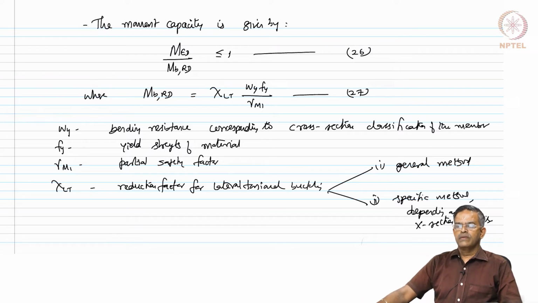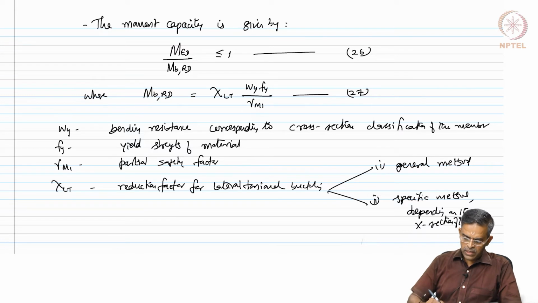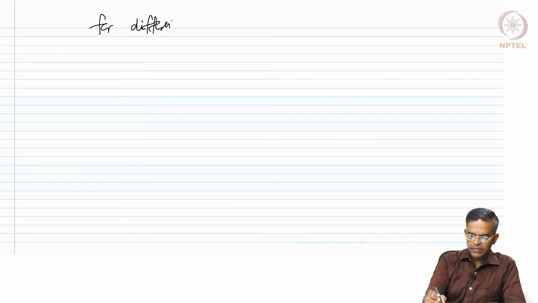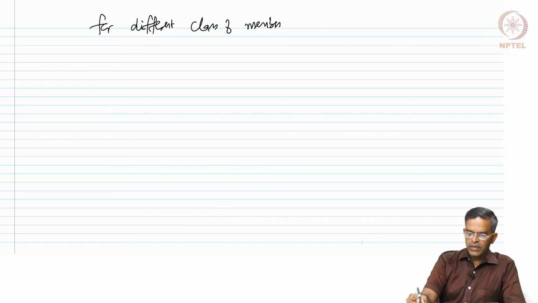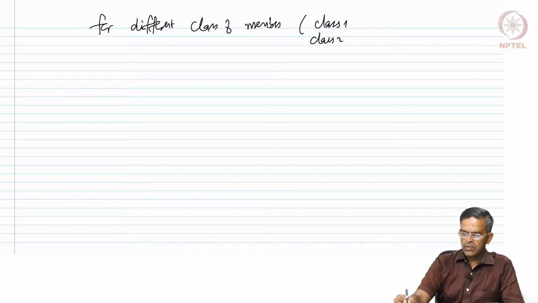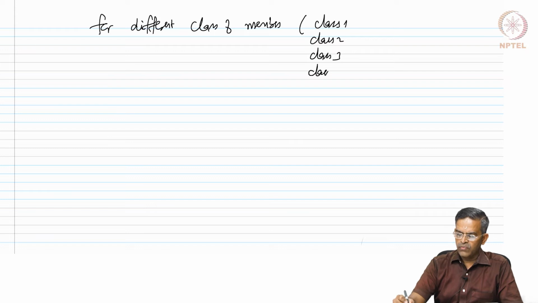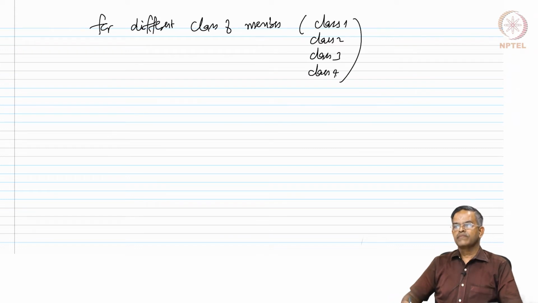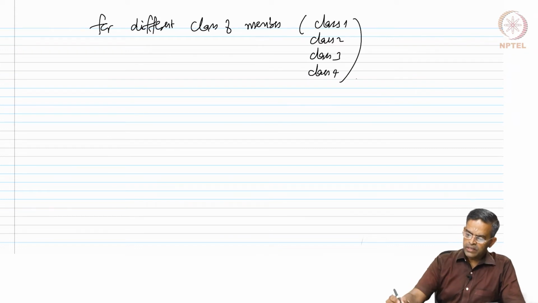Now, for different classes of members, certain conditions also apply. Varying from class 1, class 2, class 3 and class 4 of the members, the following conditions also apply.